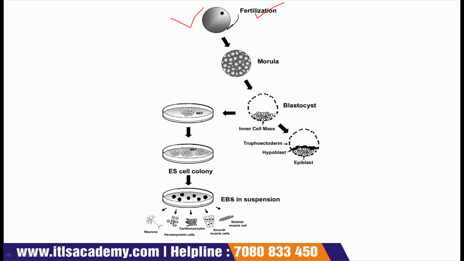After fertilization there is development. After development it forms a morula. This morula stage further develops into a blastocyst. This blastocyst can develop inside the body or it can be taken outside the body for further differentiation.